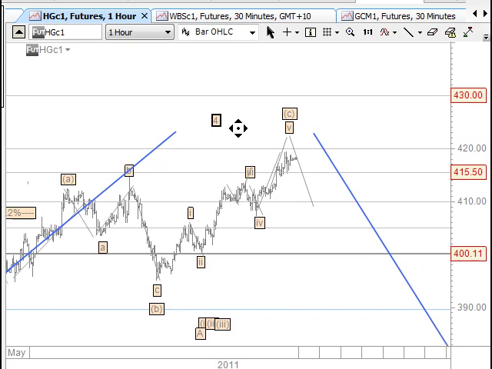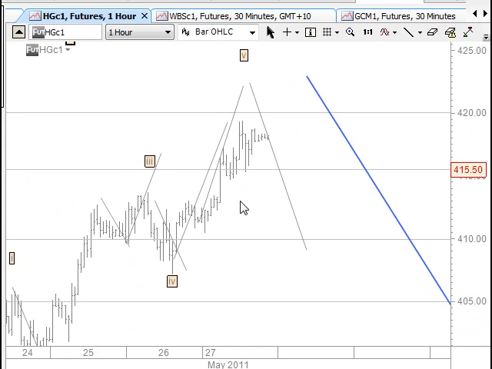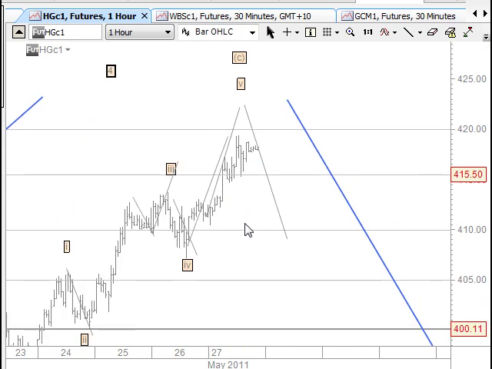Now, a C wave always has 5 waves. So we're looking at the 1, the 2, 5 waves in there for the 3rd wave, the 4th wave, and the 5th wave here. The 5th wave here, where we have a closer look at it, will have a smaller set of 5 waves in it as well. So from here, it would be up for wave 1 there.